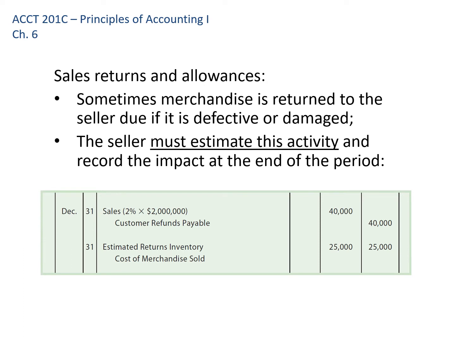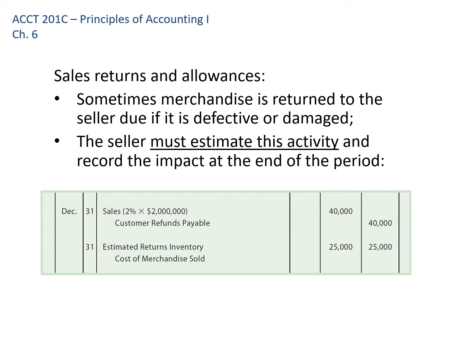So we'd say we didn't really sell $2 million, we sold 2% less than that, $1,960,000, because some of it is going to be reversed when it comes back to us in a later period, but we want to recognize it in this period. And we create a liability called customer refunds payable that we can use to pay those refunds in the future and not have it affect the income statement for future periods.